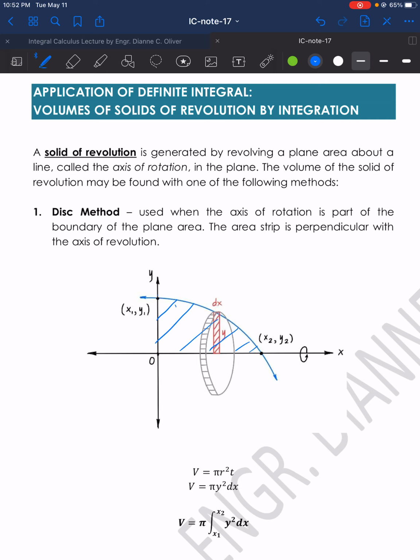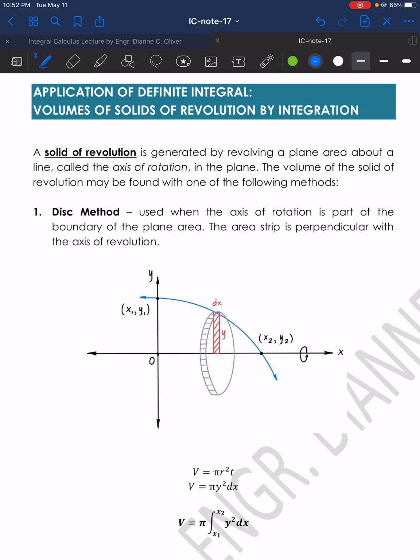Now the question here is, if we rotate one of the boundaries, which is the x-axis, it will form a figure of a paraboloid if our plane area is a parabola. So rotating the x-axis will form a paraboloid. So how will we get the volume of this paraboloid?